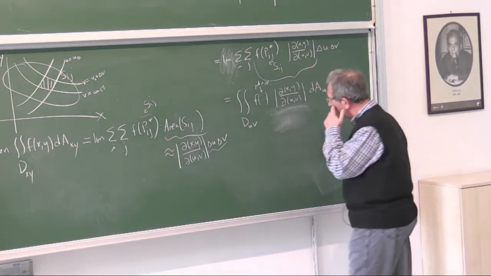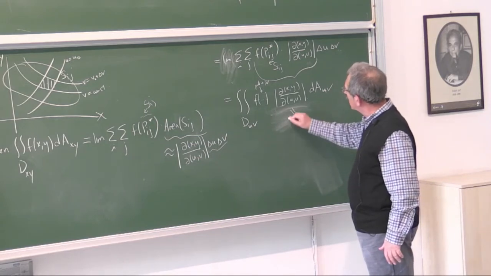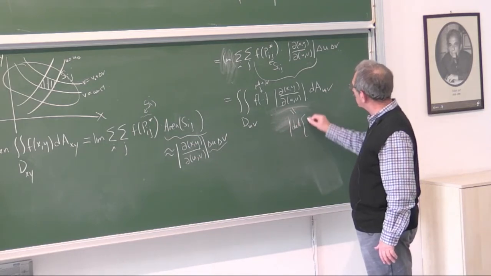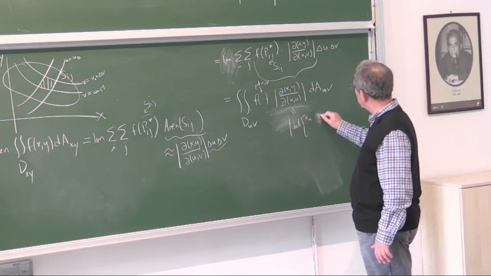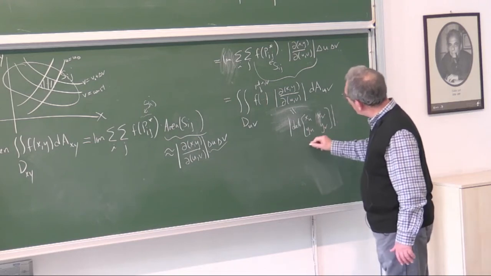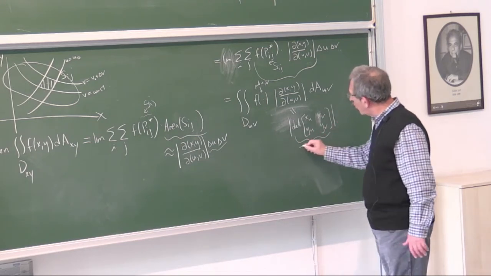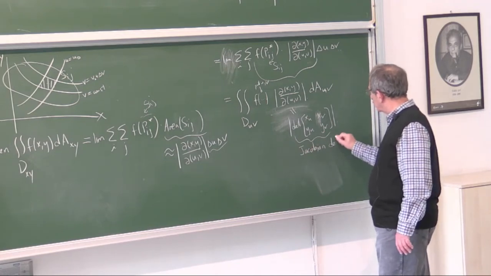One can easily say it to remember it, but this is nothing but the absolute value of the determinant of XU, XV, YU, YV. It's called the Jacobian determinant.